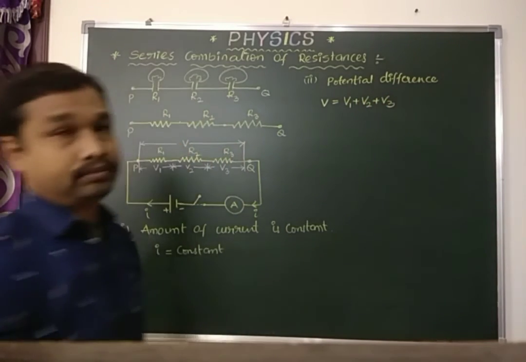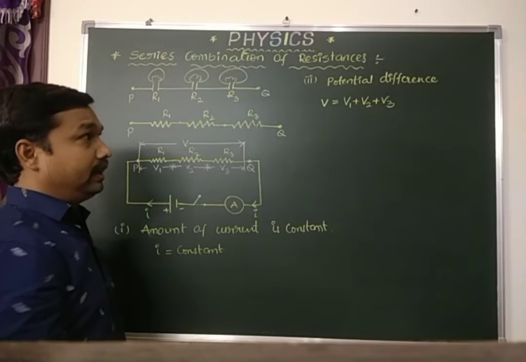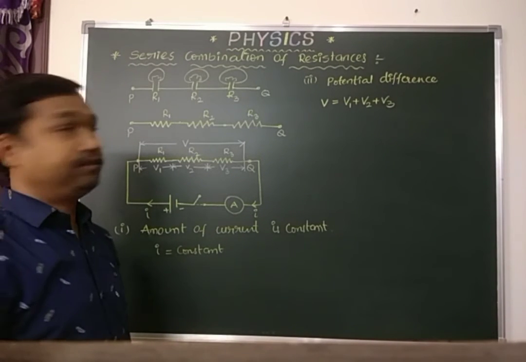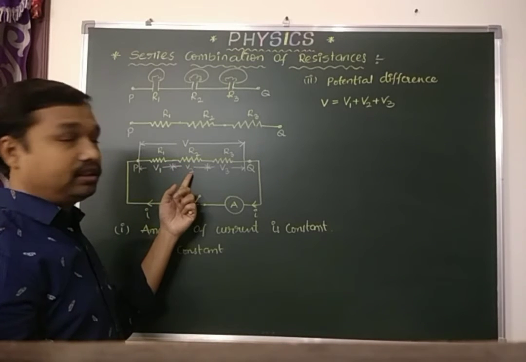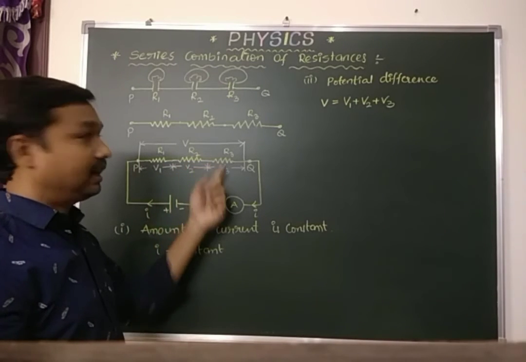And right now individually we are going to find the potential difference across the resistance R1, and across the resistances R2 and R3.